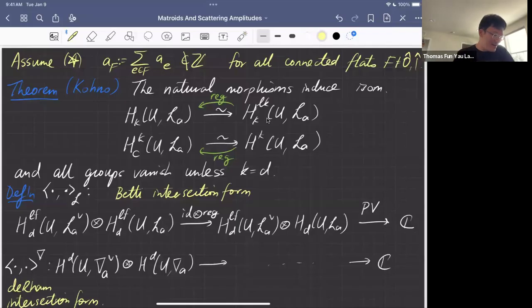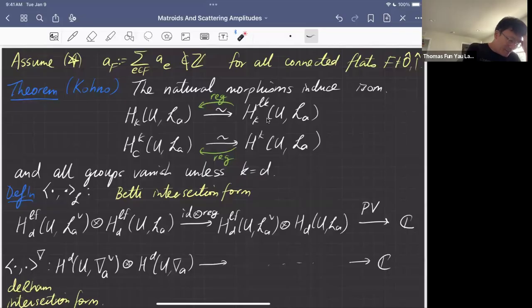Under this assumption, a theorem of Kono says that there are some very nice homology and cohomology vanishing theorems. The vanishing theorem says that under this assumption, which is opposite to the usual cohomology assumption, there is only one non-vanishing cohomology group. And also the natural homomorphisms from homology to locally finite homology and from compactly supported to usual cohomology are isomorphisms.